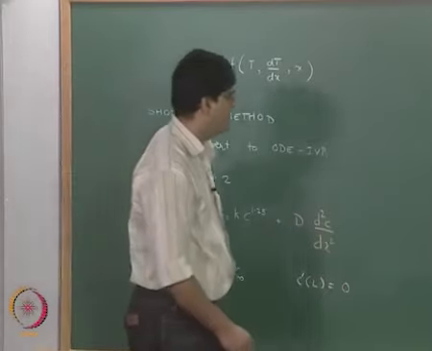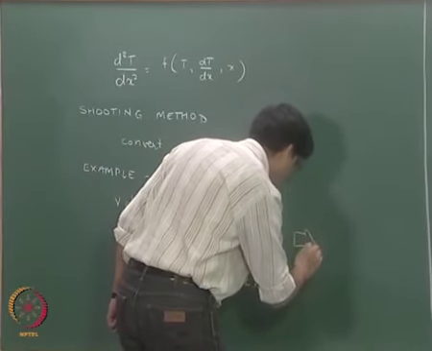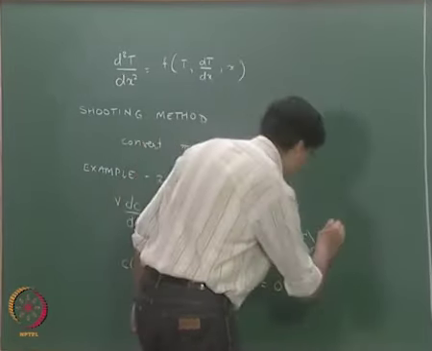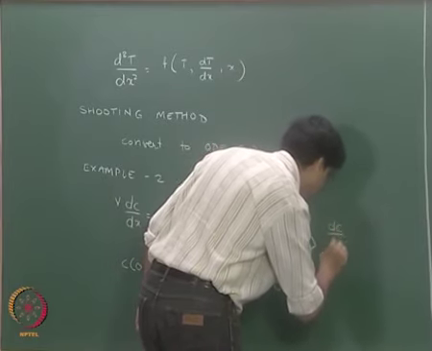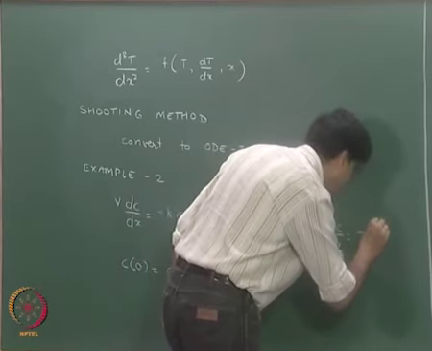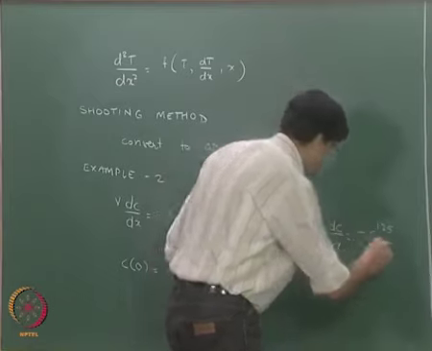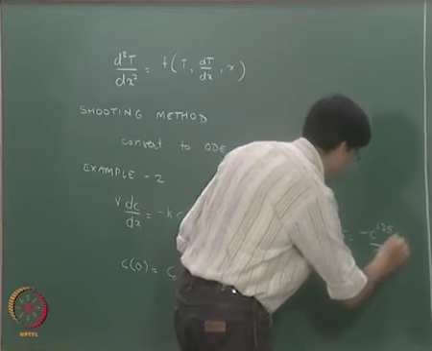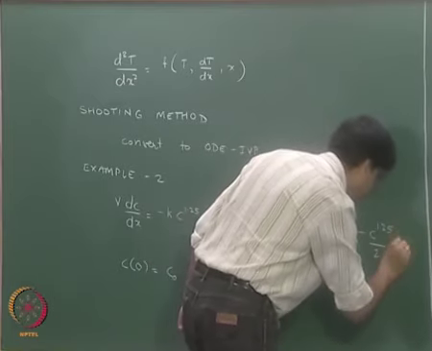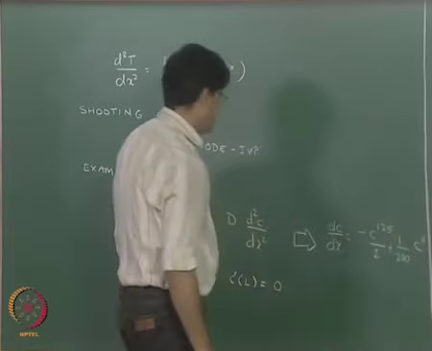So substituting the values, we can have dC by dx equal to minus C to the power 1.25 by 2 plus 1 by 200 multiplied by C double dash.